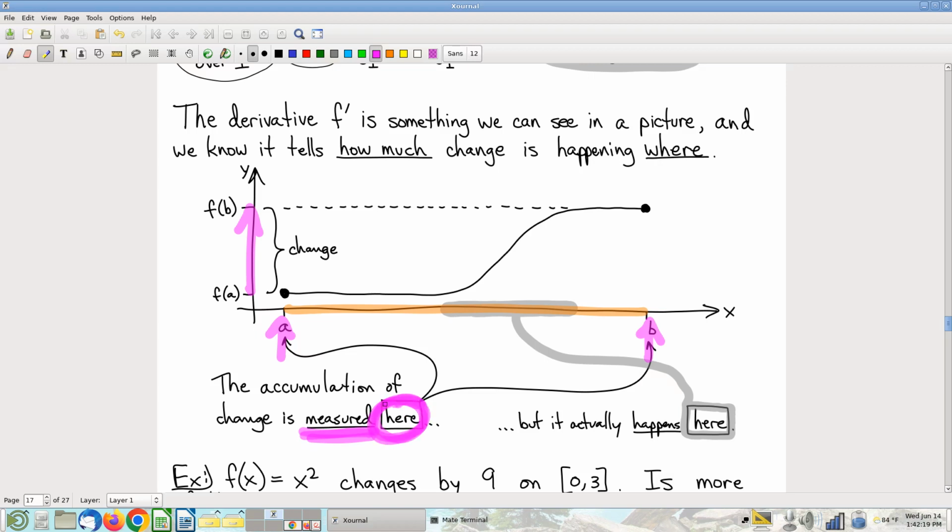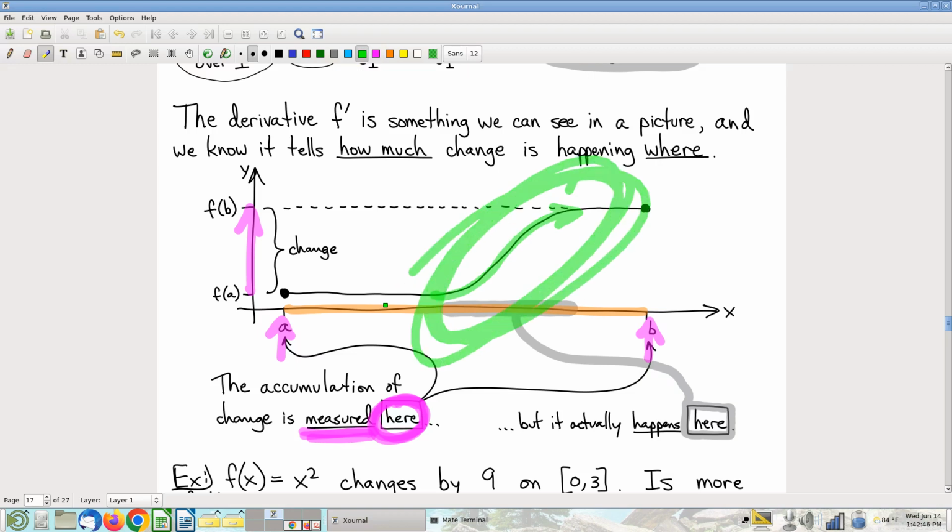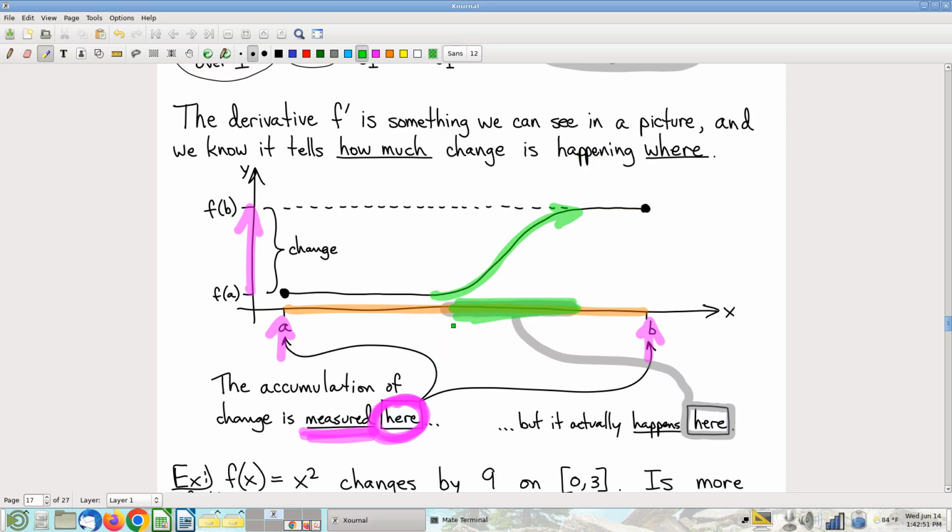But now, just an honest question: where did the change actually happen? Well, the change didn't happen at the endpoints, right? Again, this is a modest observation. Change is measured at the endpoints, but that's not where it happened. I can see the function in the process of changing. Here's where it's changing, right there. I can see the change in practice. So these points here, those values of x, that's where the change actually happened.